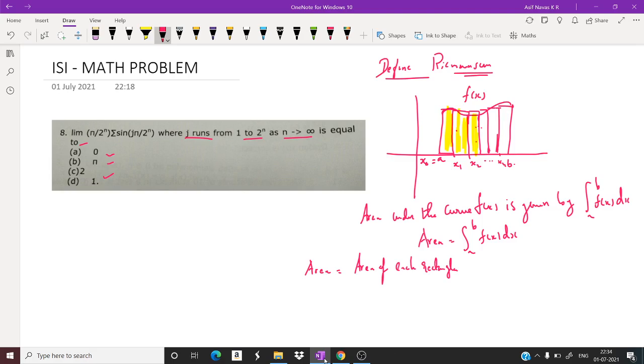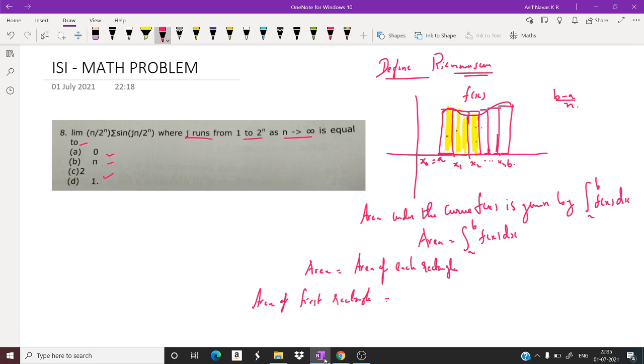Now, in order to find the area of the first rectangle, we know that area is length into breadth. So length is, since we divided this interval into n equal parts, b minus a by n, because each interval is of length b minus a by n.